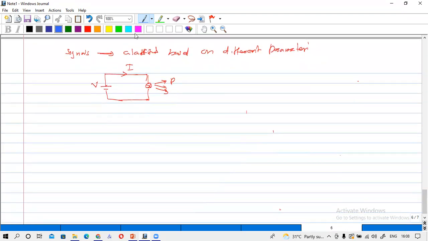Say that now you know that when we turn on the switch, if we have a switch here and we close this switch, this current will flow through this circuit and this bulb is turning on.